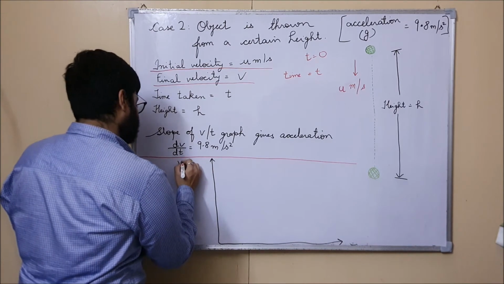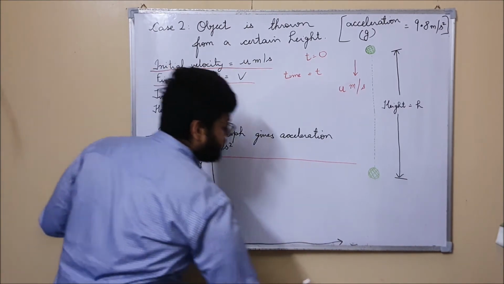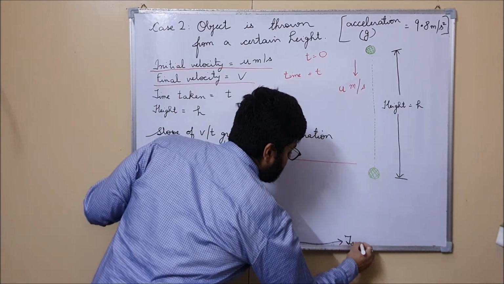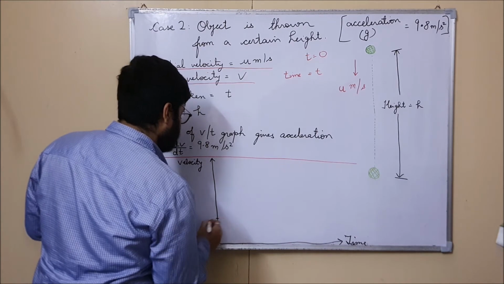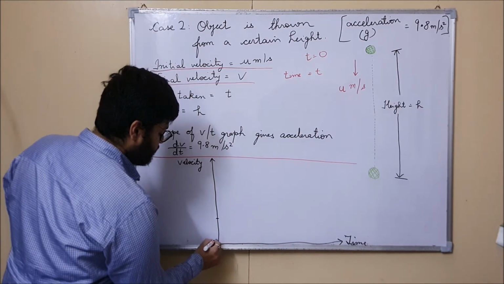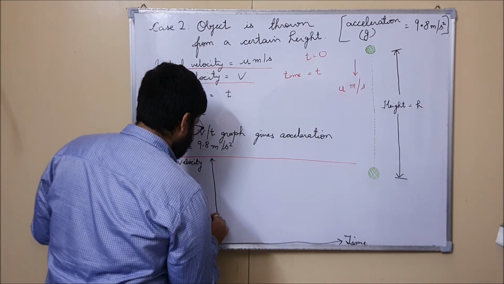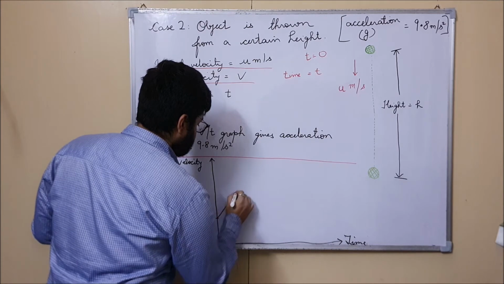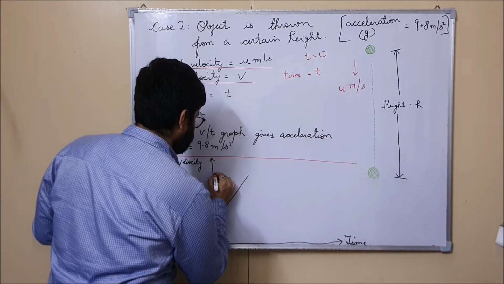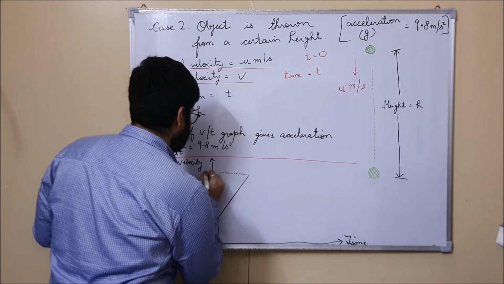We take y-axis for velocity and x-axis for the time. Now there is a certain amount of initial velocity at t is equals to 0, which is u, and the motion starts from here. Now the final velocity is v.